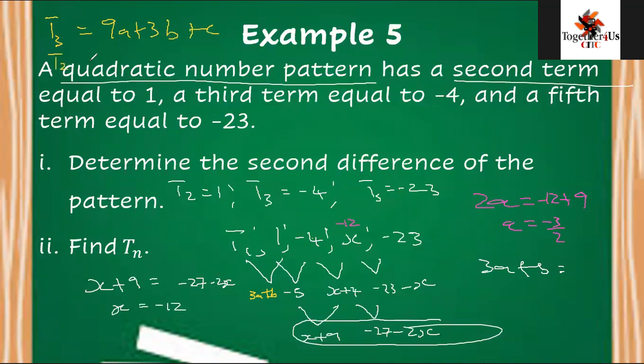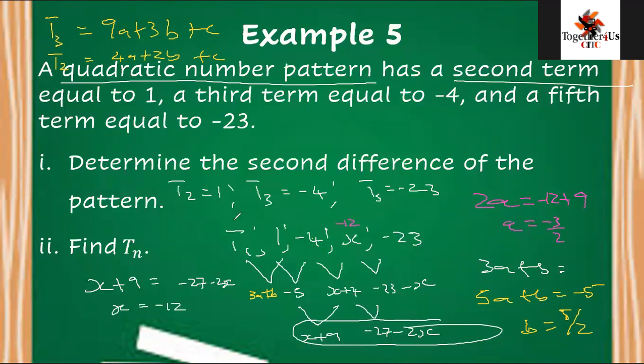And T2 in general is 4a plus 2b plus c. And you can see the difference is going to be 5a plus b. So in this case, we are going to solve the equation 5a plus b is equal to a negative 5, and we look for the value of b. We substitute a and we get b is equal to 5 over 2.